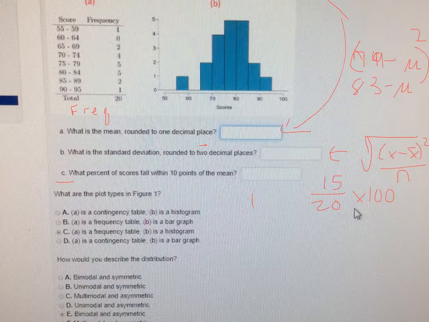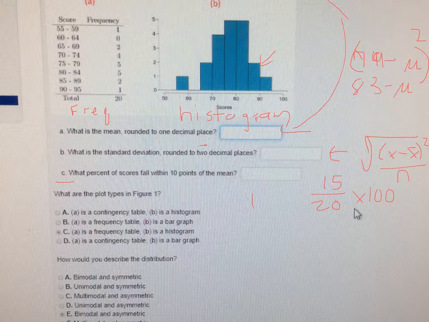The second graph is a histogram. The difference between a histogram and a bar graph is that a bar graph has spaces between the vertical bars. A histogram does not. So we're looking for A as a frequency table and B as a histogram.